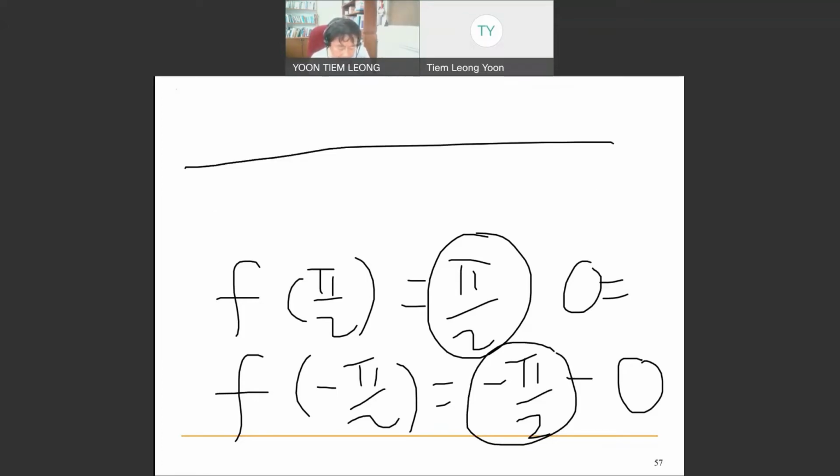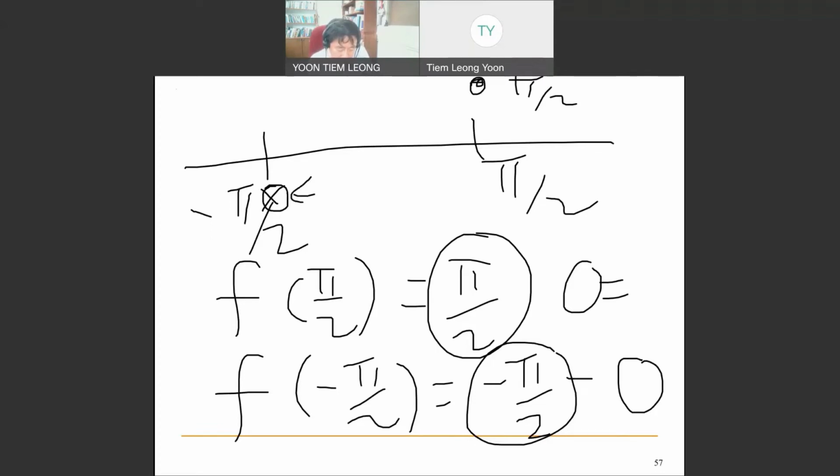So you have a pi over 2, and then you have a minus pi over 2, and then the value at pi over 2 is this here, which is a positive number. It doesn't really matter what number is that, it's pi over 2. And then over the other side at minus pi over 2, the value is negative pi over 2. So the value of f at minus pi over 2 is somewhere here in the negative, right?